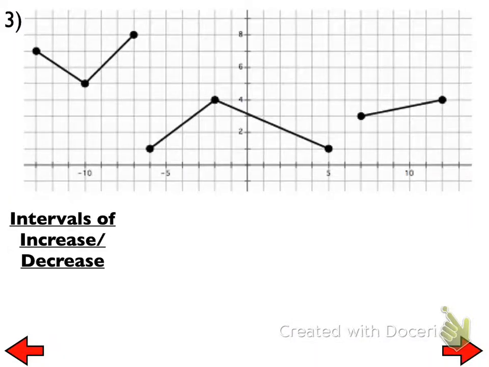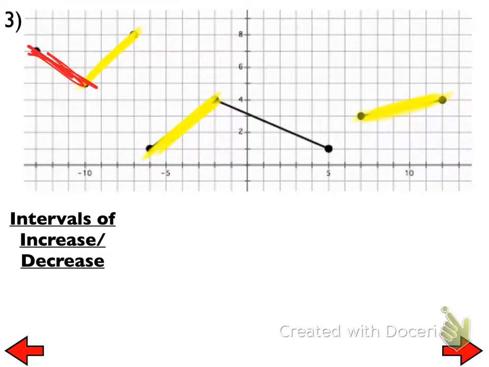So the intervals of increase and decrease. It is increasing from here to here, and from here to here, and from there to there. Therefore, there should be 3 intervals of increase. And then as far as the decrease goes, let me try and change colors here, if I can. I don't think that's working out very well, so I'm going to go back to this.